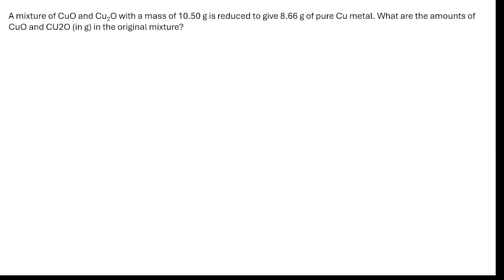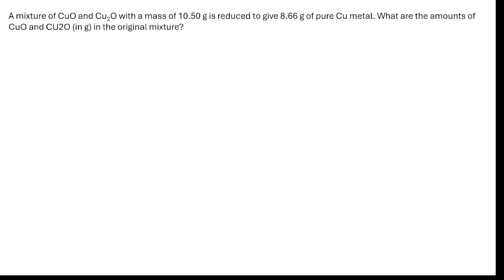The first question: a mixture of cupric oxide and cuprous oxide with a mass of 10.5 gram is reduced to give 8.66 gram of pure metal. What are the amounts of cupric oxide and cuprous oxide in gram in the original mixture?